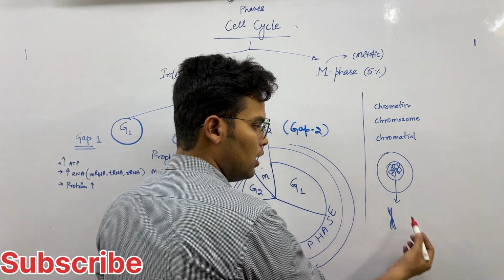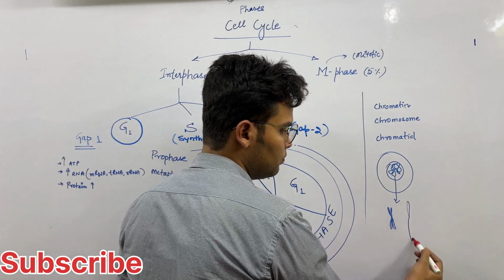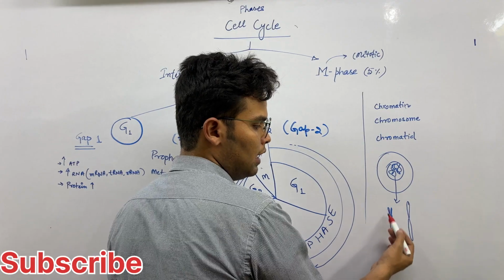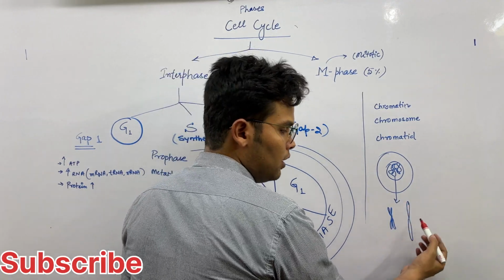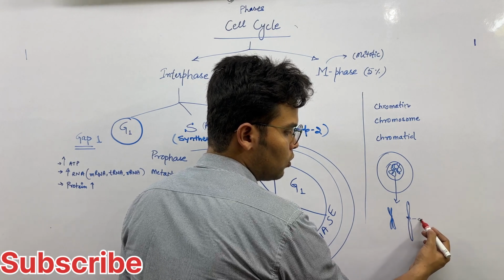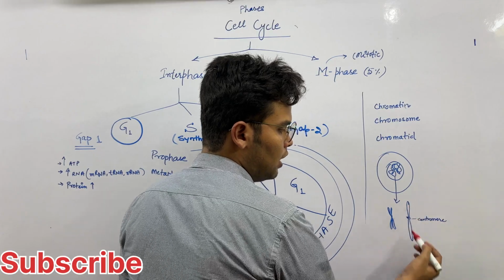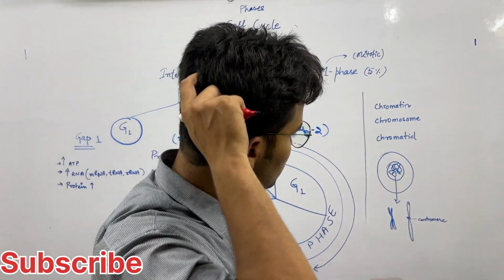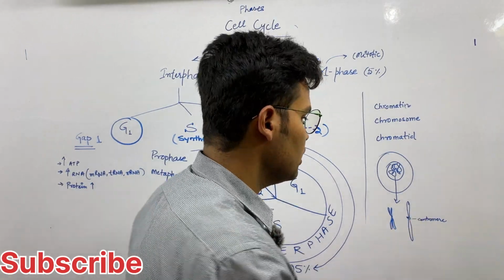In some books you could see it like this, and in some books like this. So we could understand this central region is the centromere, and these are the two sides of the chromosome. This first constriction is known as the centromere.